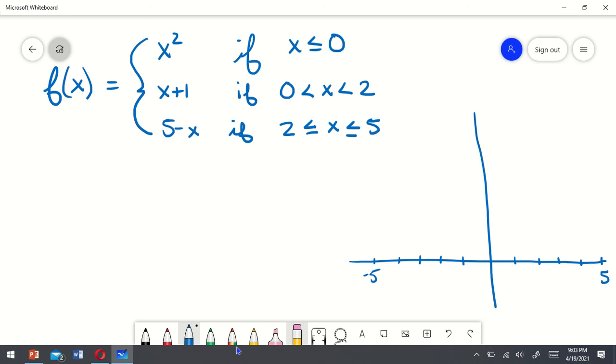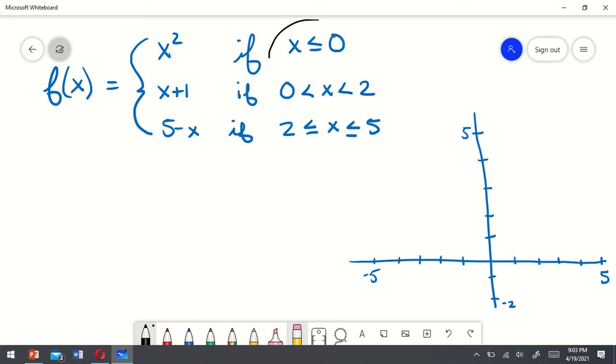There's a few different rules here, so we may want to show on our y-axis some different values. Perhaps 1, 2, 3, 4. So I'm just going to go to 5 for now. It's a really good idea to always use pencil so you can always erase and redraw your graph. And then we begin to graph here.